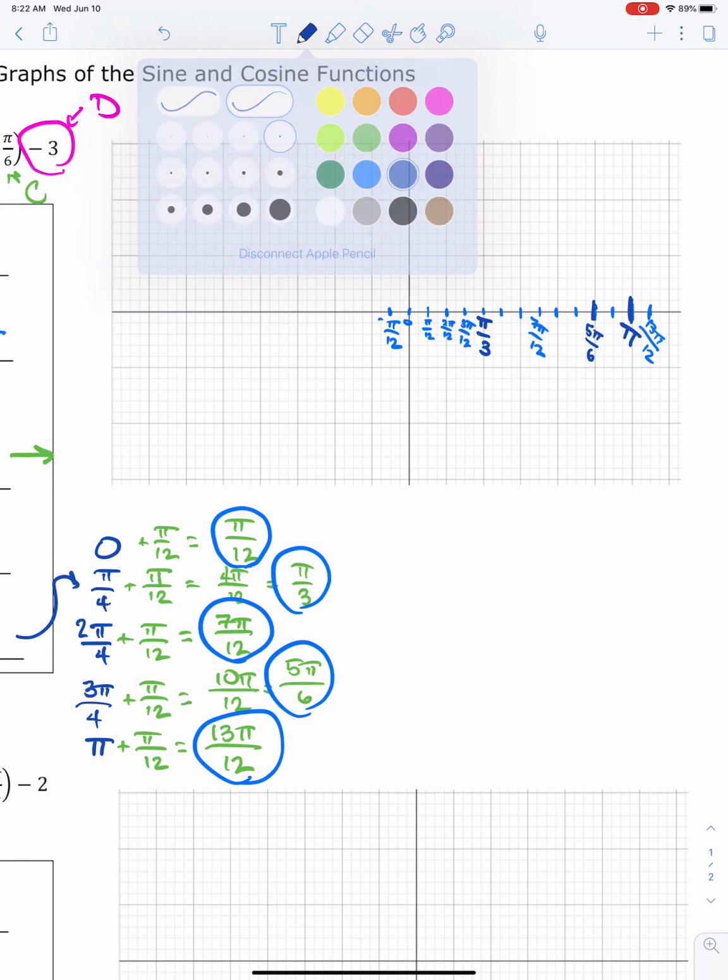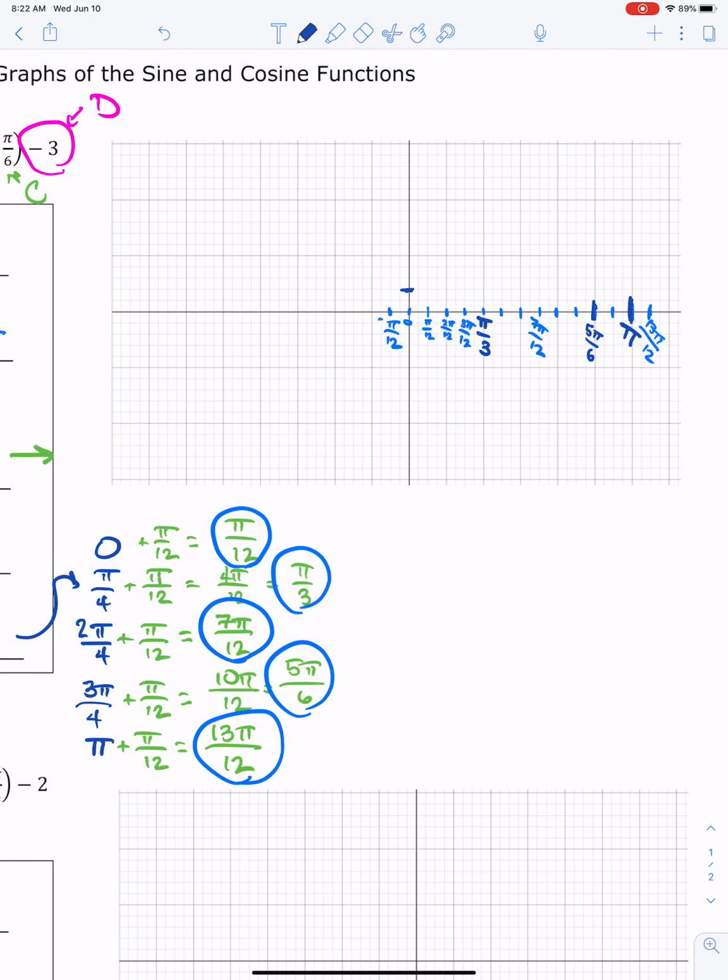I'm going to go ahead and just count by ones again. 1, 2, 3, 4. That makes this 5. Negative 3. And I can number more if I need to.